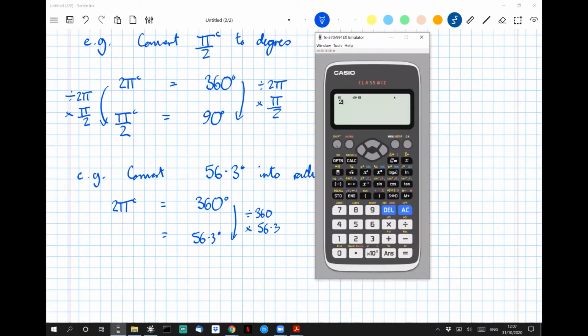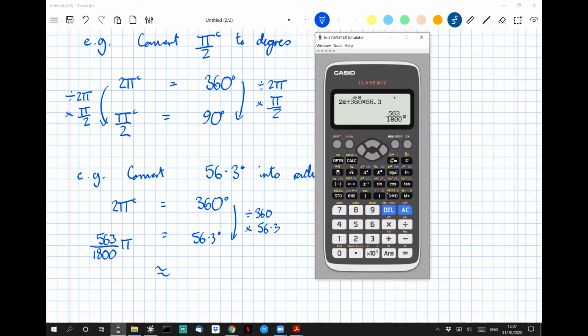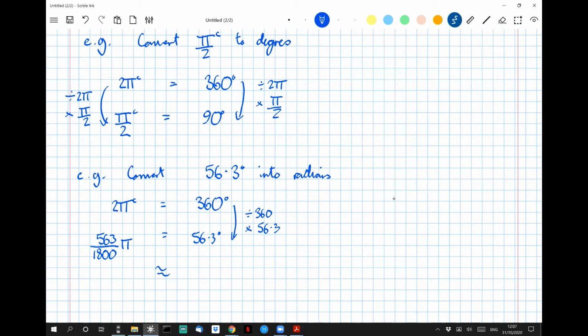So 2 pi divided by 360 and times 56.3 equals that, or approximately 0.9826 radians. So 563 over 1800 pi, or approximately equal to 0.9826 radians.